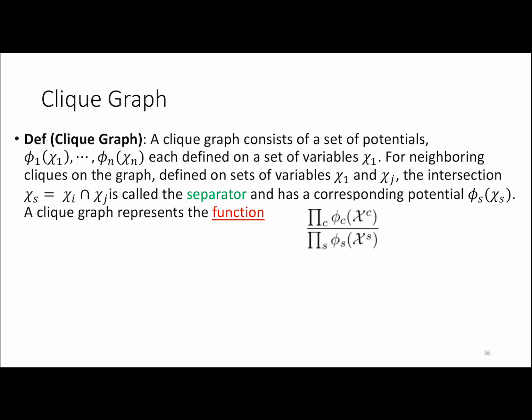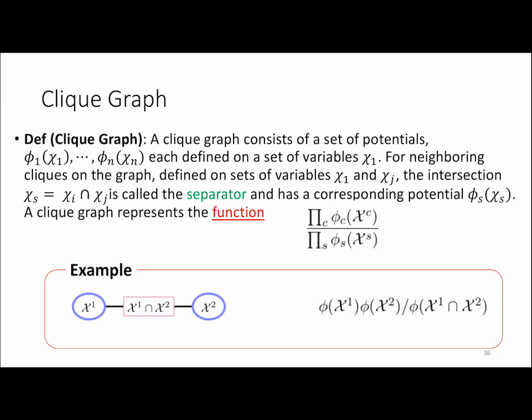So the clique tree is basically a way to represent a function that comes in the following form. Let's say you have a set of functions defined on subsets of random variables. Each of these curly psi 1 to psi j, with x1 to xj, is a subset of the nodes. The clique tree represents functions that are the multiplication of all of the factors divided by the subsets that are the intersections between nodes.